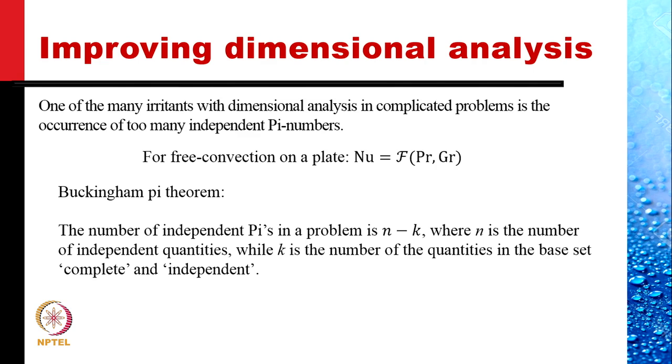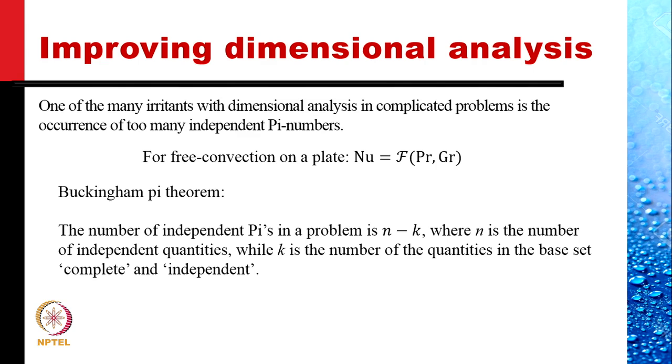This can go only so far. Is there a way to increase the number k, that is, the number of quantities required in the base set? The number of quantities required in the base set is about the number of dimensions that are used.